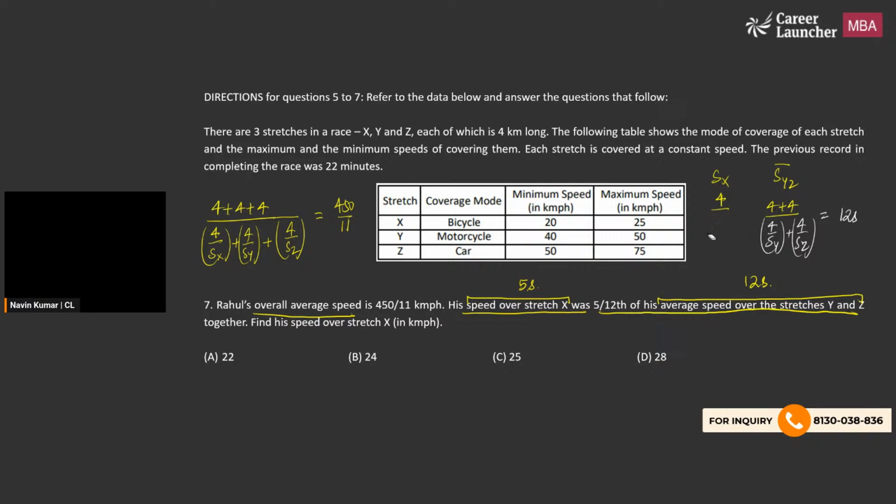So the speed on X is 5s, and on Y and Z it's going to be 12s, right?